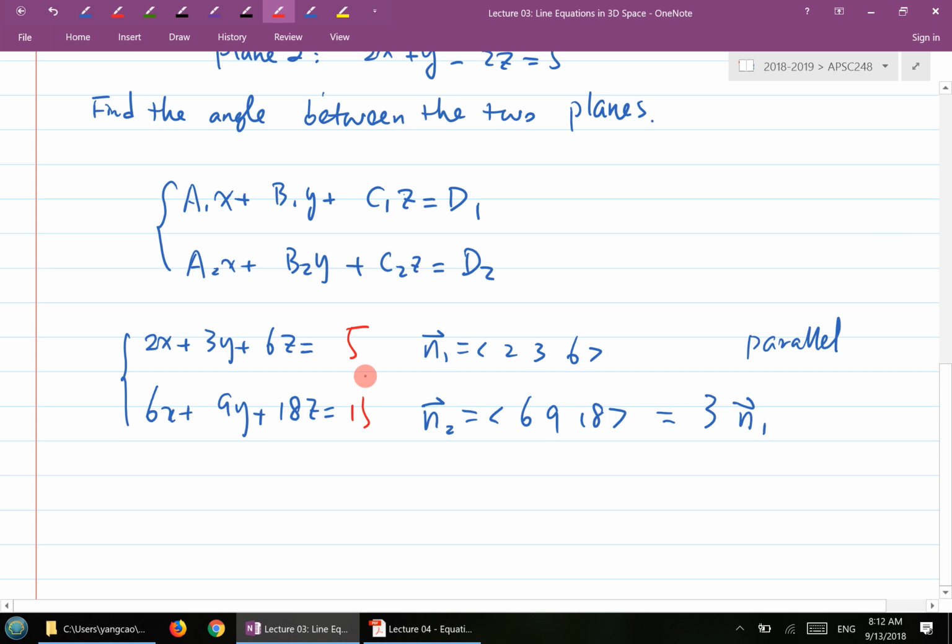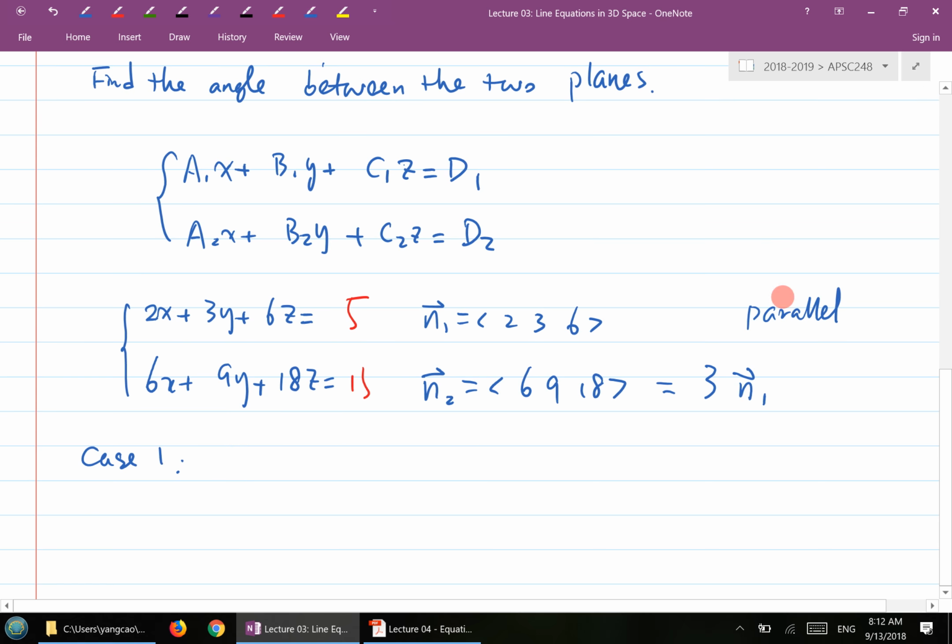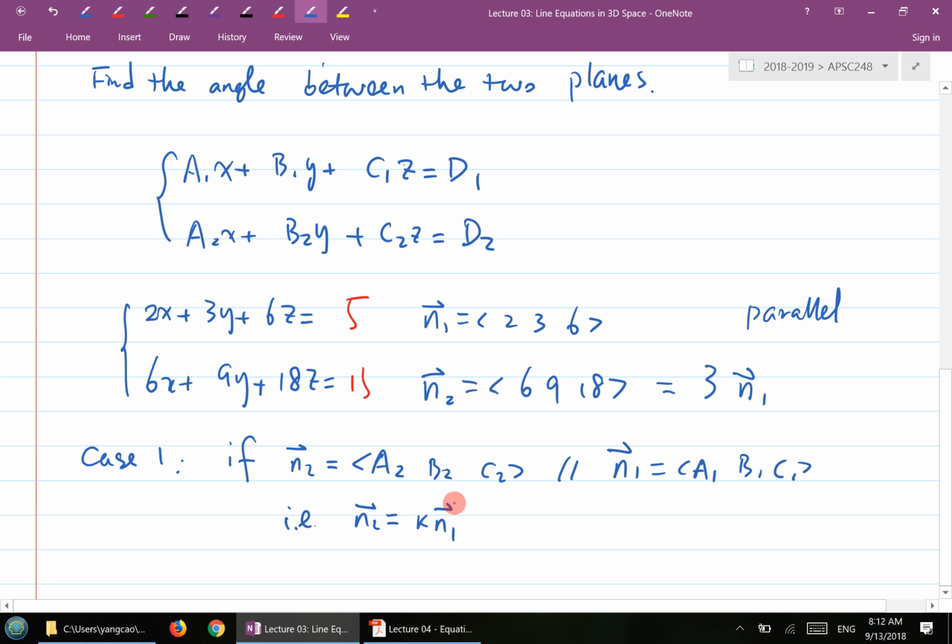Let's make a little summary here. Case 1: if n2 is parallel to n1, in other words, as we just summarized, n2 is a multiple of n1. Multiple is not necessarily always an integer.